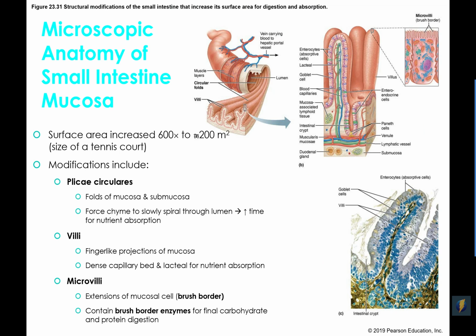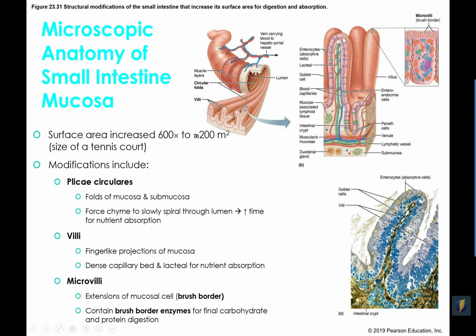Because this is our primary digestive and absorptive organ, the small intestine has a couple of really important modifications. For one, the mucosa and the submucosa of the small intestine is folded, and there are these little circular folds. They're called plicae circulares, and they force the chyme to slowly spiral through the small intestine, as well as helping to increase our surface area.